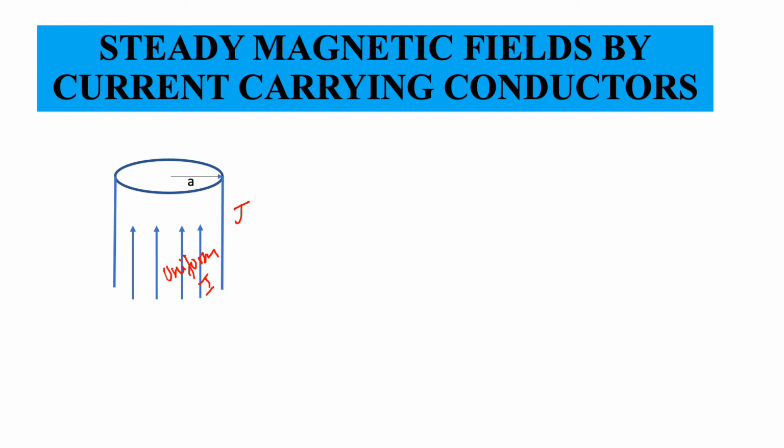So instead of assuming I, let us assume J inside the material is uniform, always oriented along the z axis and given by Jz equals J naught, where J naught is the current density measured in amperes per meter square. It is constant and equal to J naught as long as r is less than a.